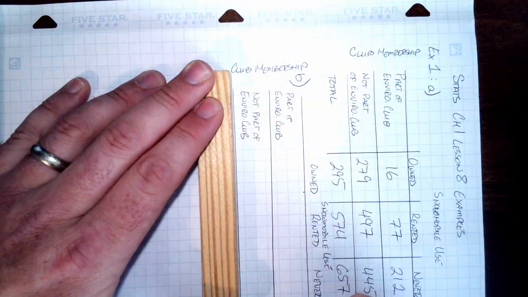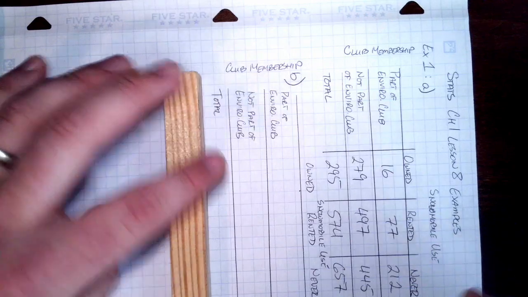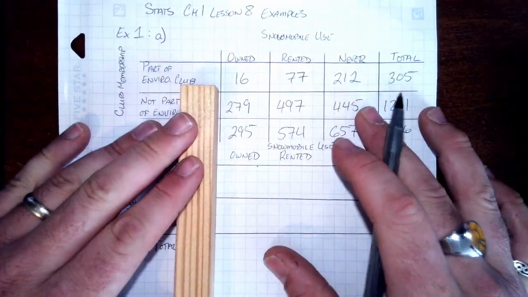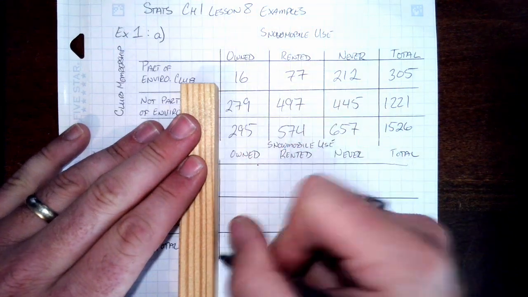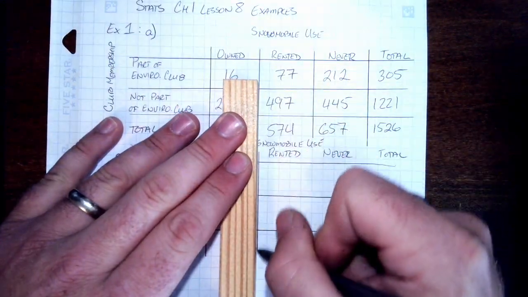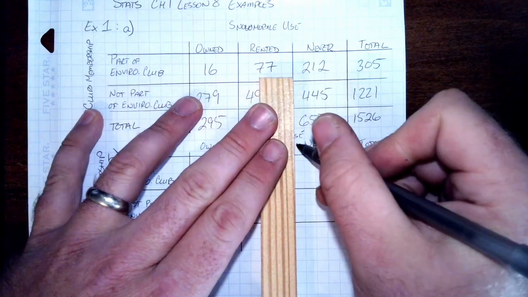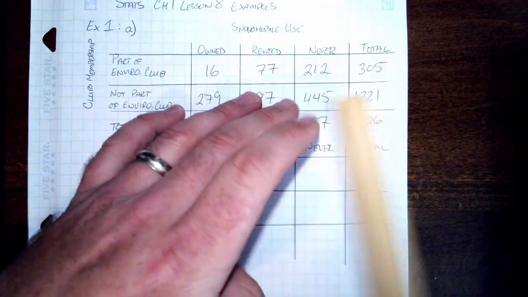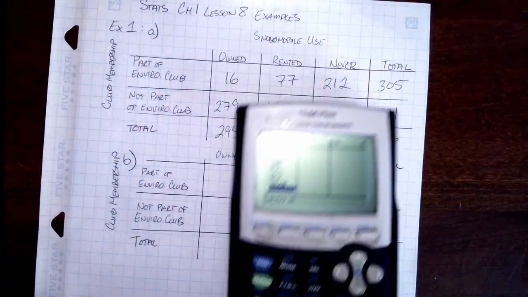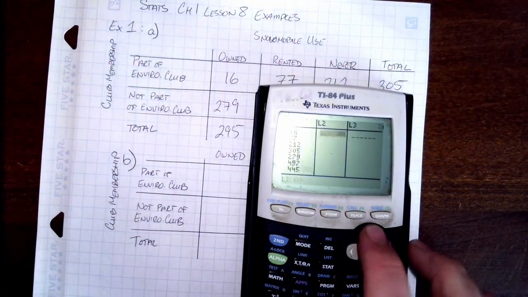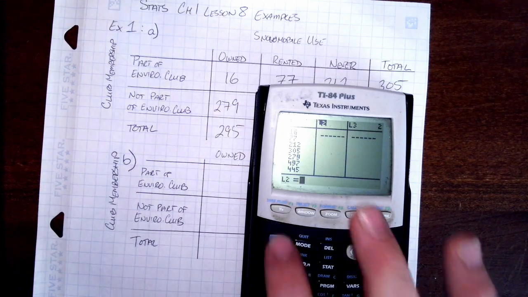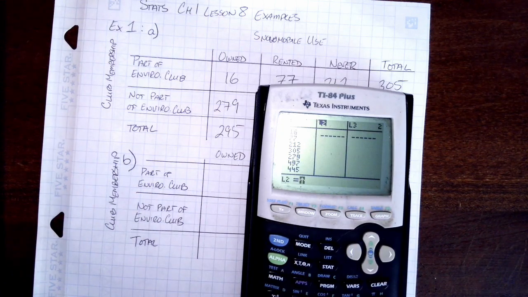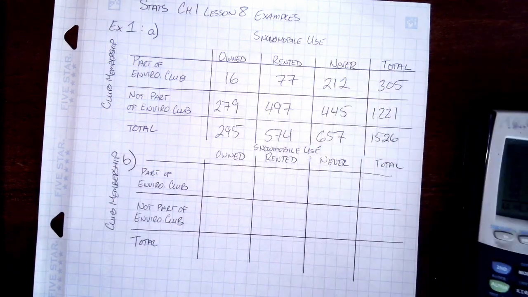So we're going to have to take each of the numbers in the chart above and divide by our total. And again, in this class, we will always round to 3 decimal places except for a few special circumstances which have not yet come up. So we can do something similar to last lesson, where now that I've got all these numbers, I can take them all from L1 and divide by 1,526.